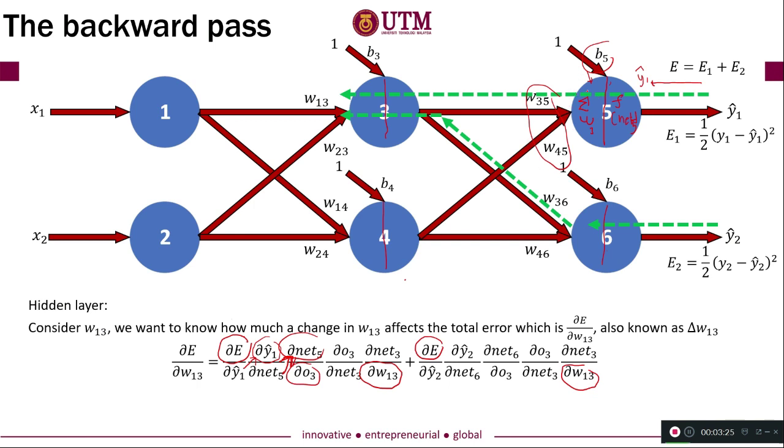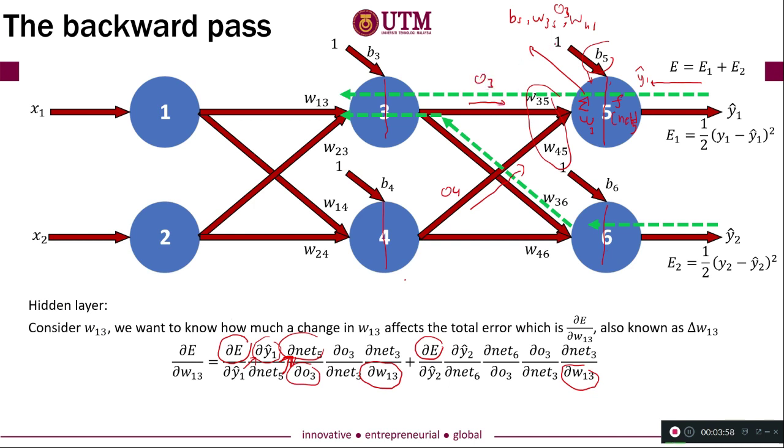If you remember, this input function consists of B5, W35 and W45. W35 must multiply with O3 there, and W45 here must multiply with O4. Okay, this is O4 and this is actually O3.